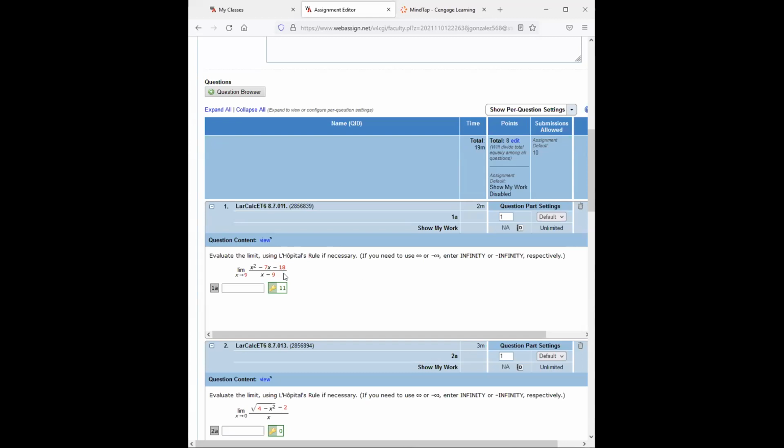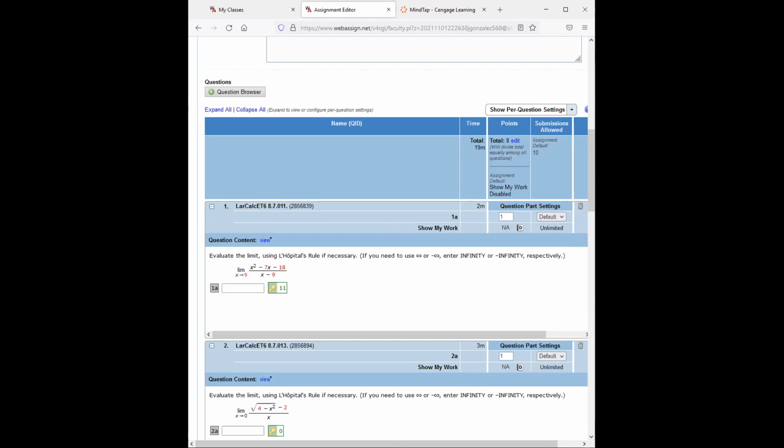Problem. Evaluate the limit. Okay, so the limit as x approaches 9 of x squared minus 7x minus 18 over x minus 9.